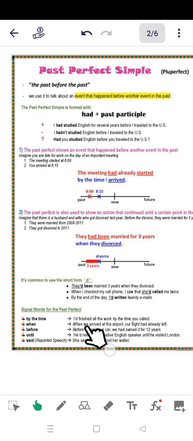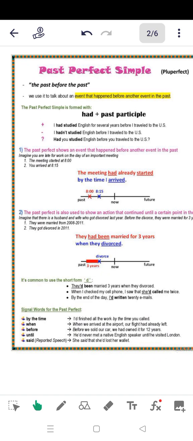When we arrived at the airport, our flight had already left. Which event happened first? Great job, our flight had already left when we arrived at the airport. Before we sold our car, we had owned it for 12 years.